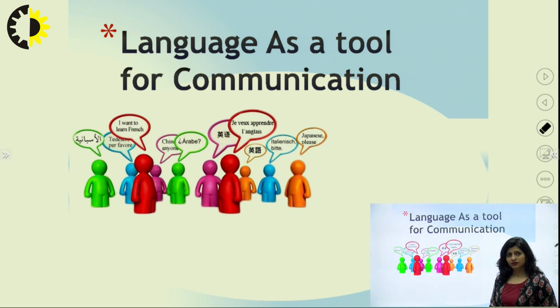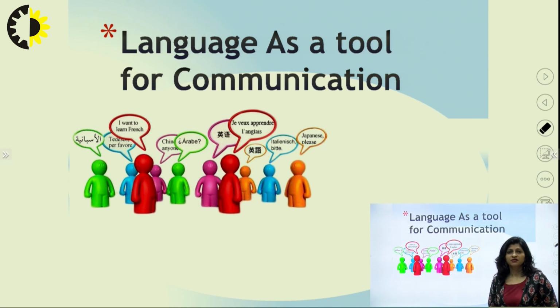Now if we move further, to understand the different characteristics of a language, first we need to understand its importance in our life. Why has this topic been included in your syllabus? Why is this a very important part of our life, right? See, language, or you can say communication, is the soul of our life.